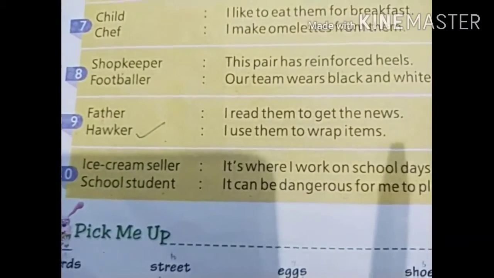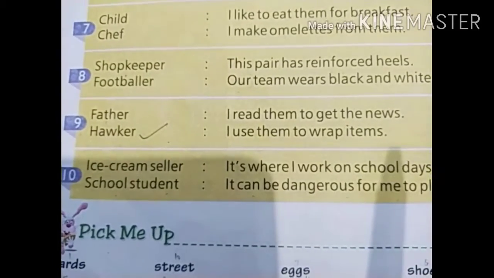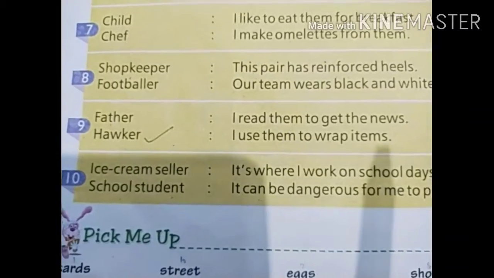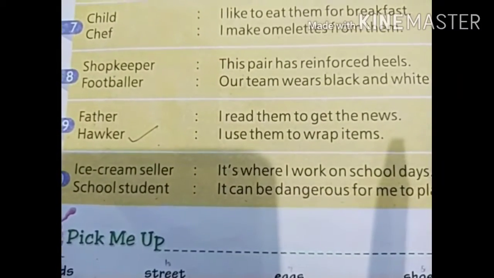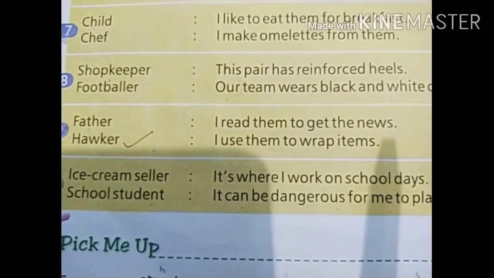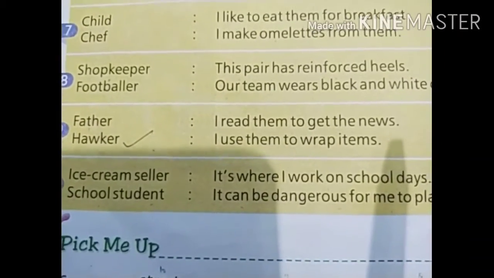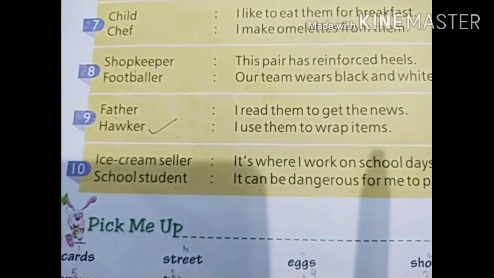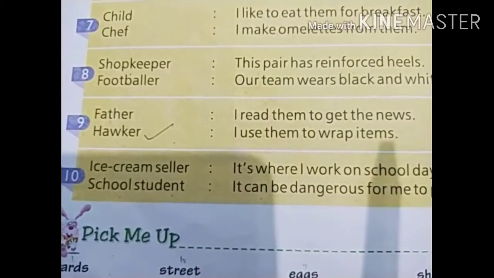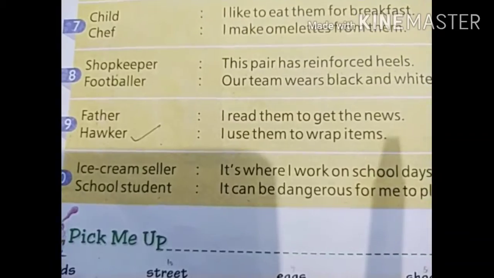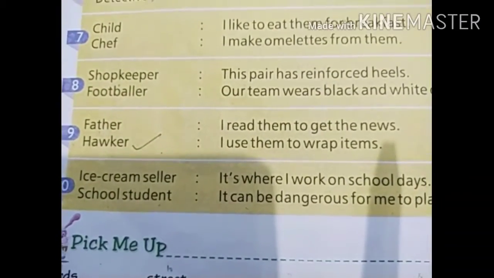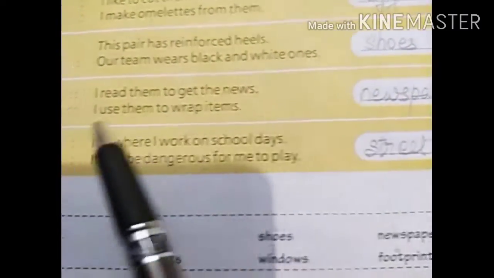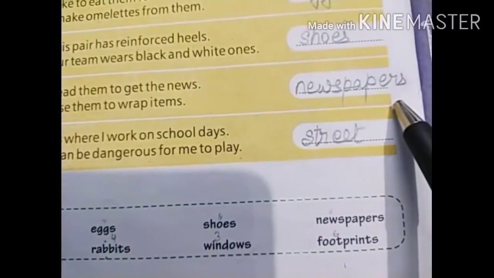Now the next is father and hawker. The father is saying, I read them to get the news. A hawker is a vendor who sells things door to door, like a person who gives us the newspaper regularly. So the answer is newspapers.